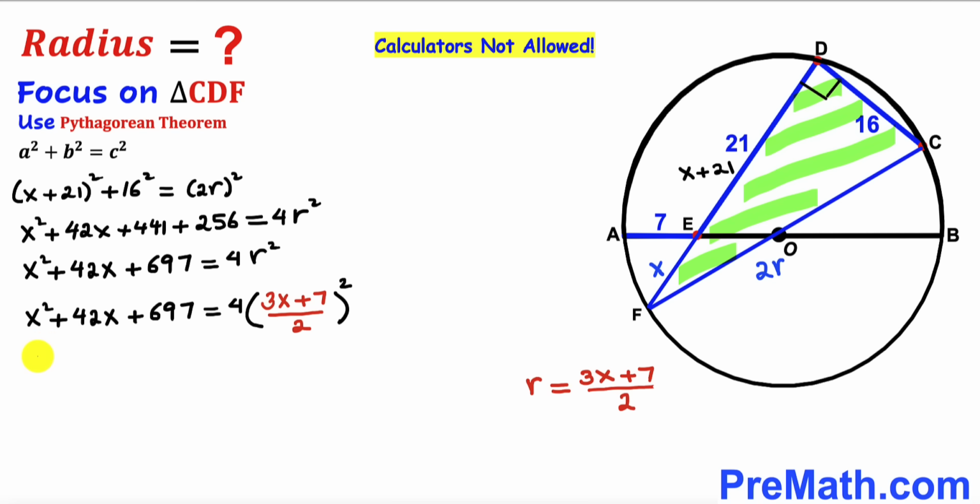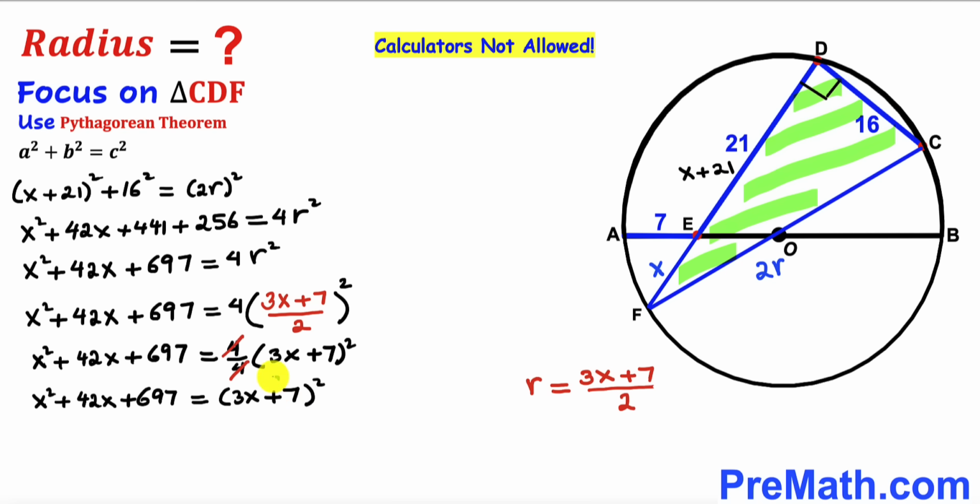And now let's simplify furthermore. We can write x square plus 42 times x plus 697 equals to 4, and then 2 square is going to give us 4 at the bottom, times (3x plus 7) whole square. And here we can see this 4 and 4 is gone.